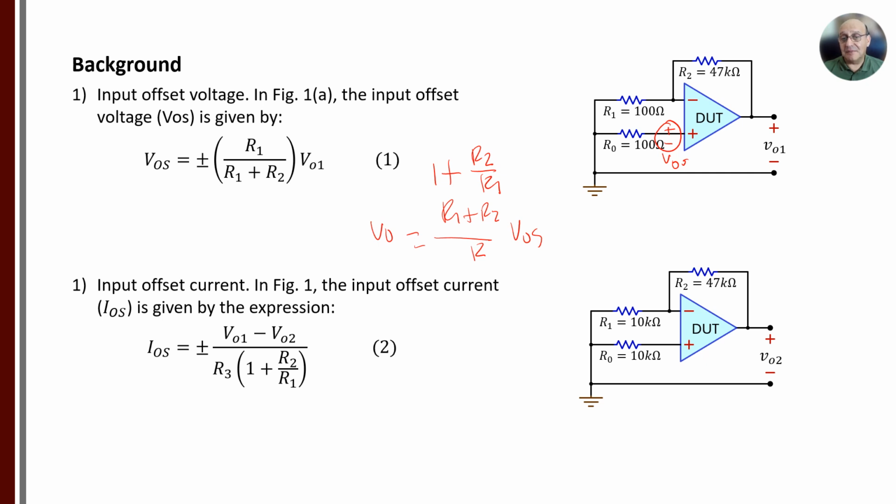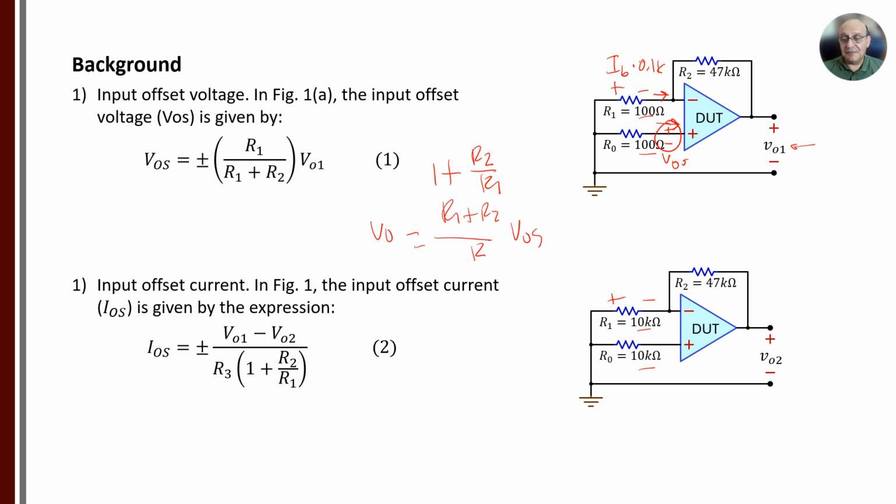Now, at the same time that we have input offset voltage, we are also going to have current going into the operational amplifiers that have BJT inputs. But notice that this is 100 ohms. So this voltage over here is going to be the bias current multiplied by this resistor, 0.1 kilo ohms. It's going to be a very small number compared with the offset voltage. So we can say that Vout1 contains only the offset voltage. Now on the bottom side we have much bigger resistors, this time 10 kilo ohms.